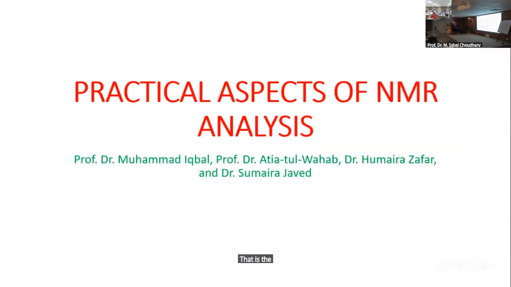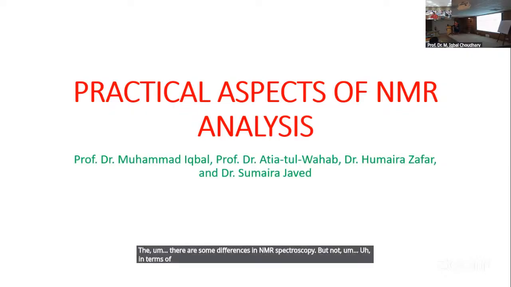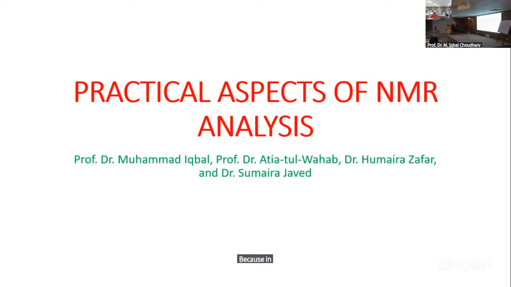The theory that you have been studying so far in the last two classes is the same. But for large molecules and small molecules, there are some differences in NMR spectroscopy, but not in terms of analysis, because for large molecules we usually have to use 3D NMR or 4D or 5D NMR, and most of the analysis needs to be done on computer.